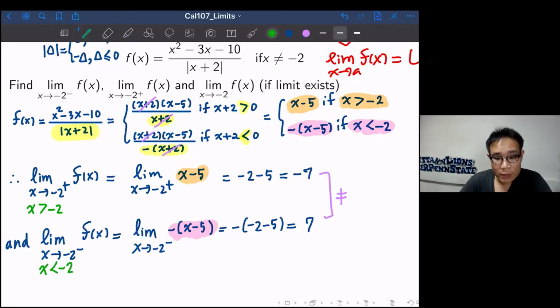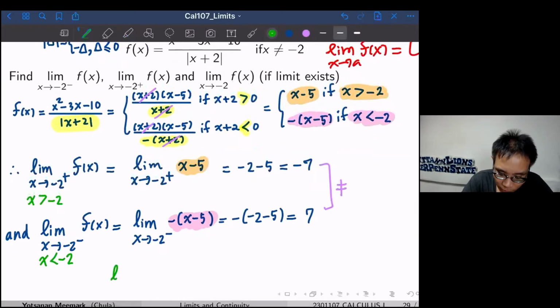So the left limit equals 7, and the right limit equals negative 7. In this case, you're going to conclude that the limit as x goes to negative 2 of f(x) does not exist.